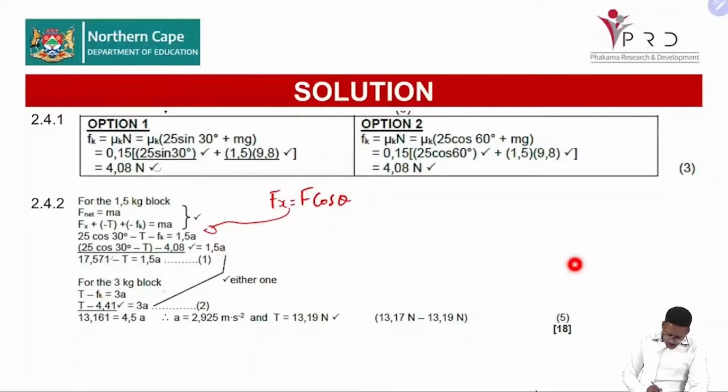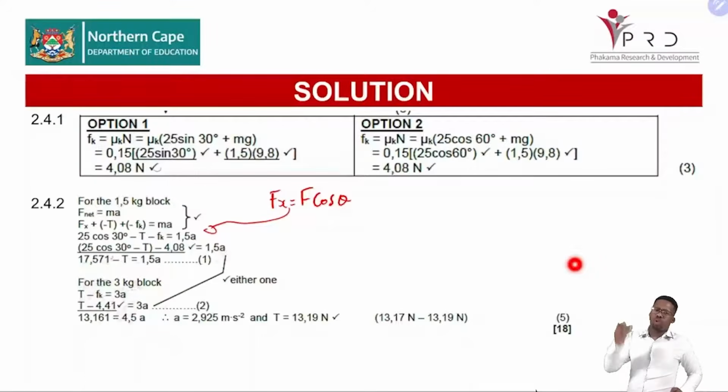For the 3 kg block, we are saying every force that doesn't move to the right becomes negative, and you must have a direction. If we look at our free body diagram, tension is on the right, kinetic friction is on our left. So tension will be positive plus our kinetic friction will be negative, is equals to 3A.